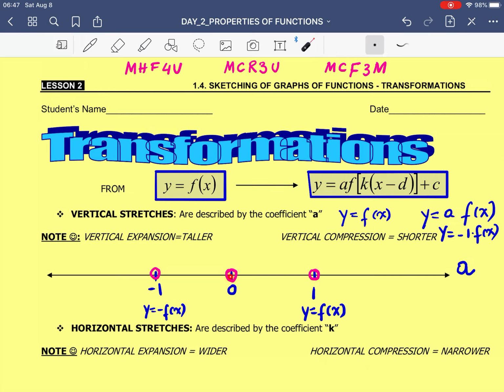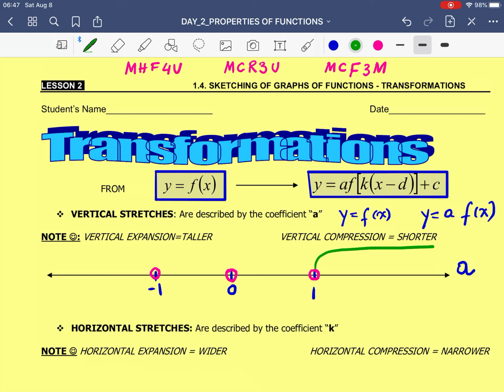Okay, so I'm going to clean this up just so that we won't get too confused and the chart doesn't get too overwhelmed with information. So if a is bigger than 1, or less than negative 1, imagine that we are going to multiply y by a number such as 2 f of x, or 3 f of x, or 4 f of x.